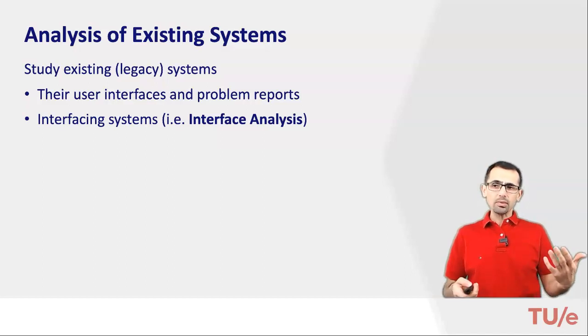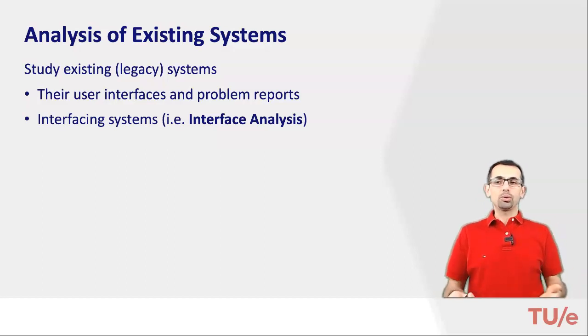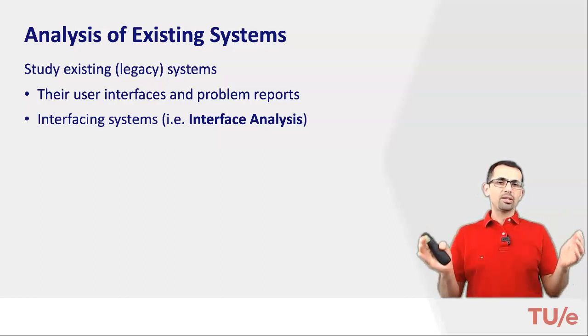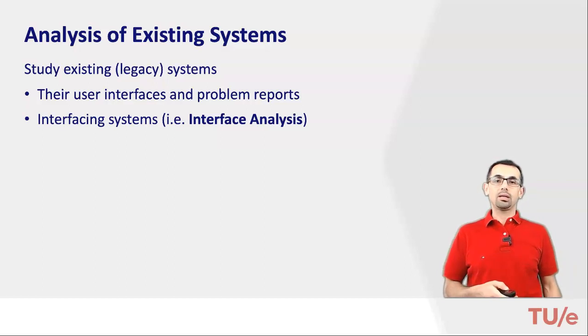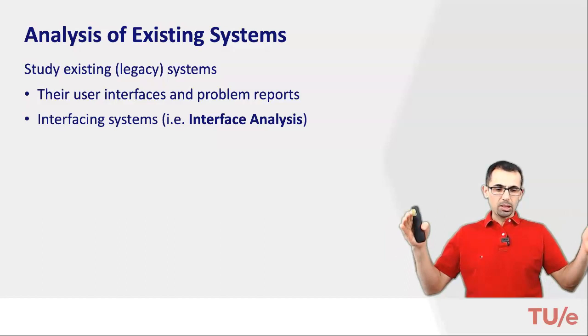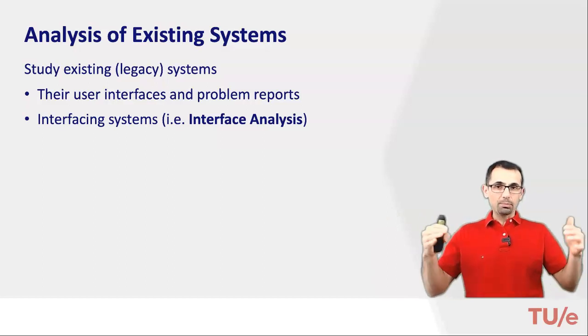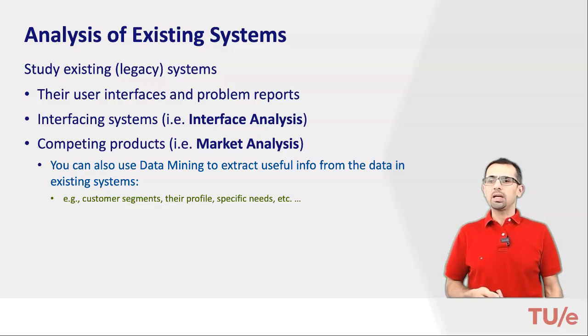It's helpful to look at how the existing system looks. It will give you an idea of the interface between that existing system and the other systems. It's quite a nice idea to look at that, because your system will also be interacting with other systems. It's a good idea to check how the existing system is interacting, so that you can perhaps keep the same message exchange between the other systems.